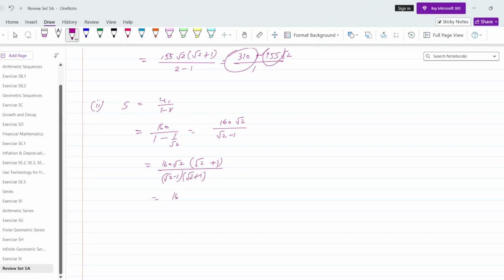So we'll get 160 times 2 plus 160 root 2 in the numerator and 2 minus 1 in the denominator. So this is going to be 320 plus 160 root 2 divided by 1, and that's the answer.